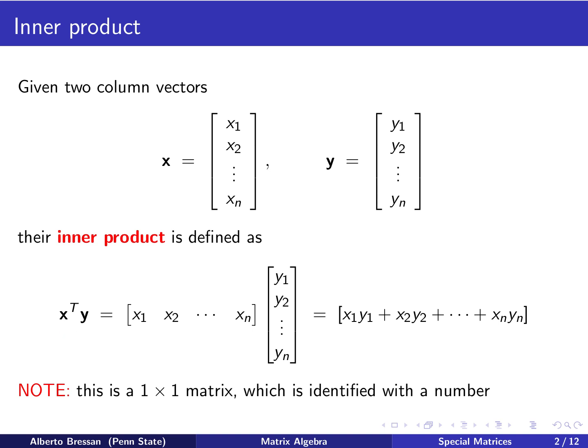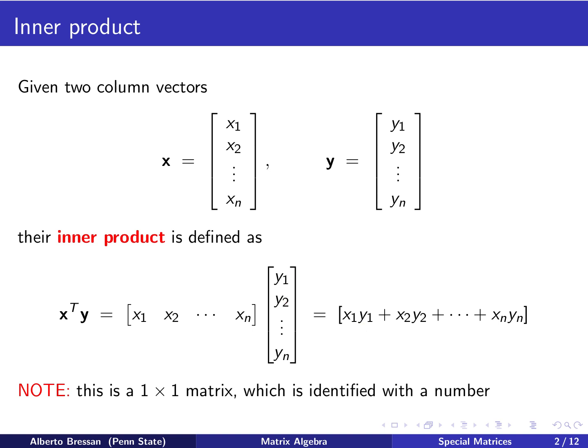Since x is a column vector, then x transpose will be a row vector, and then y is a column vector. And you perform this multiplication, and what you get is a matrix of 1 by 1, meaning you just get one number, and it will be the element-wise multiplication of each element.